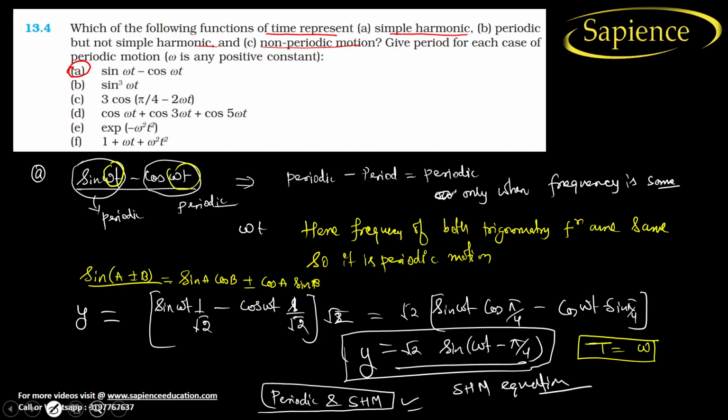It's not omega, the time period is equal to 2 pi by omega. So we have a time period T equal to 2 pi divided by omega. This is the time period for this question.